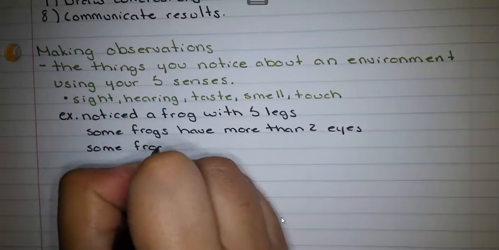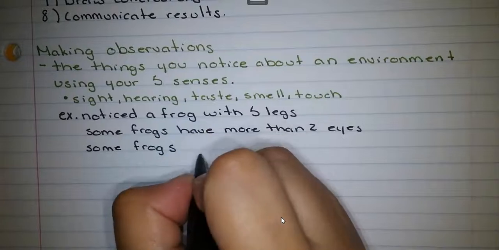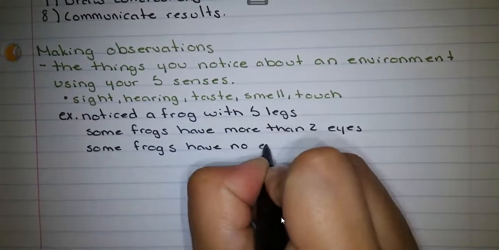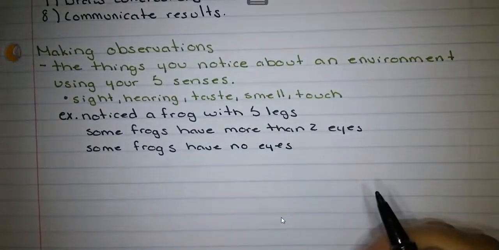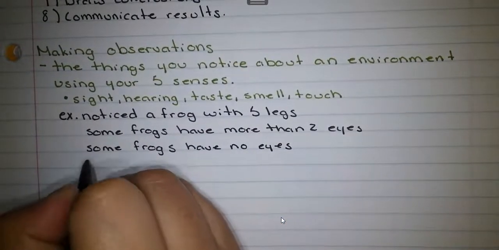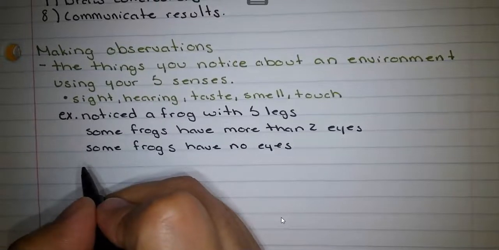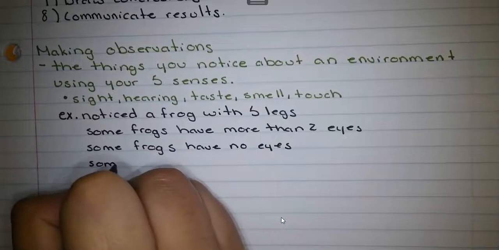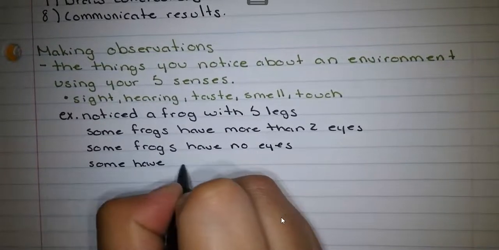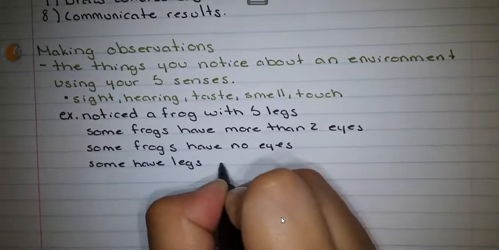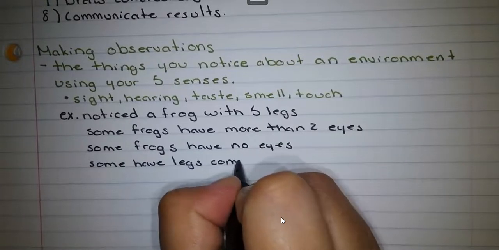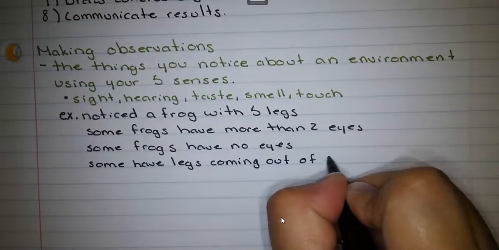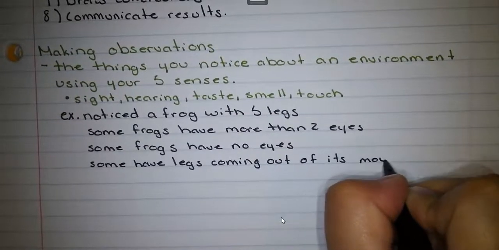Some frogs have no eyes, and some have legs coming out of their mouth.